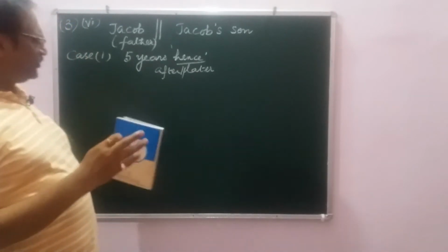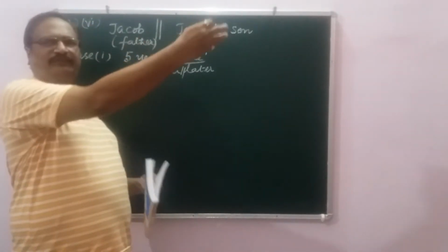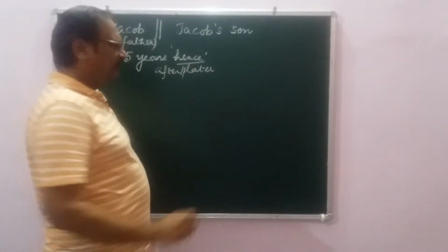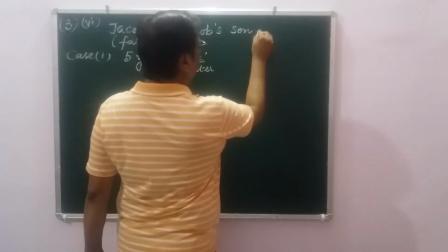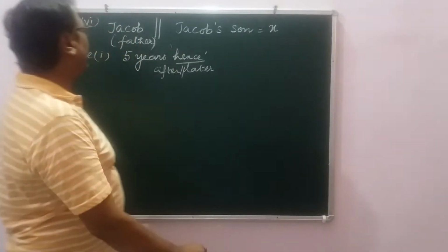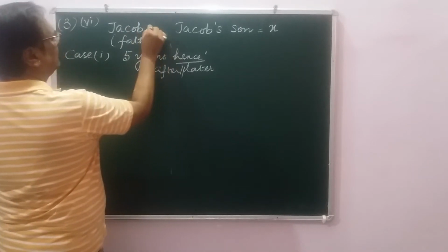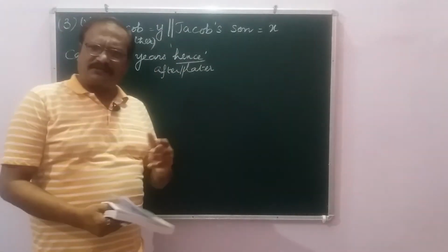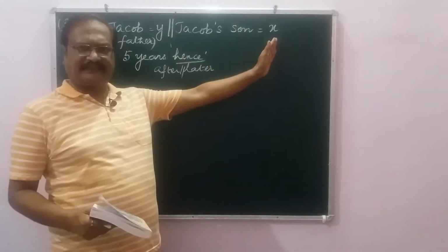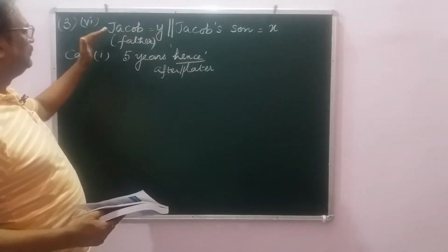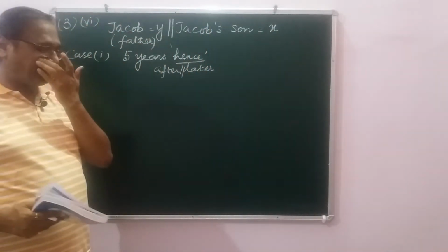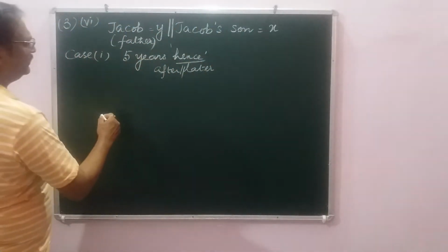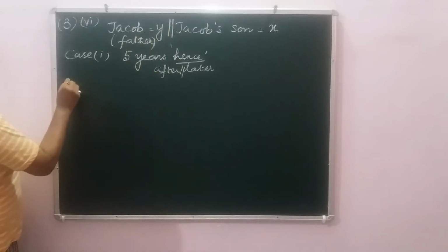First, before we go to after 5 years, let us fix the two variables. Let Jacob's son's age be X and let Jacob's age be Y. Because Jacob's son is younger, let us take it as X, and Jacob, the father's age, be Y. Now, after 5 years, what will be the age of Jacob's son?